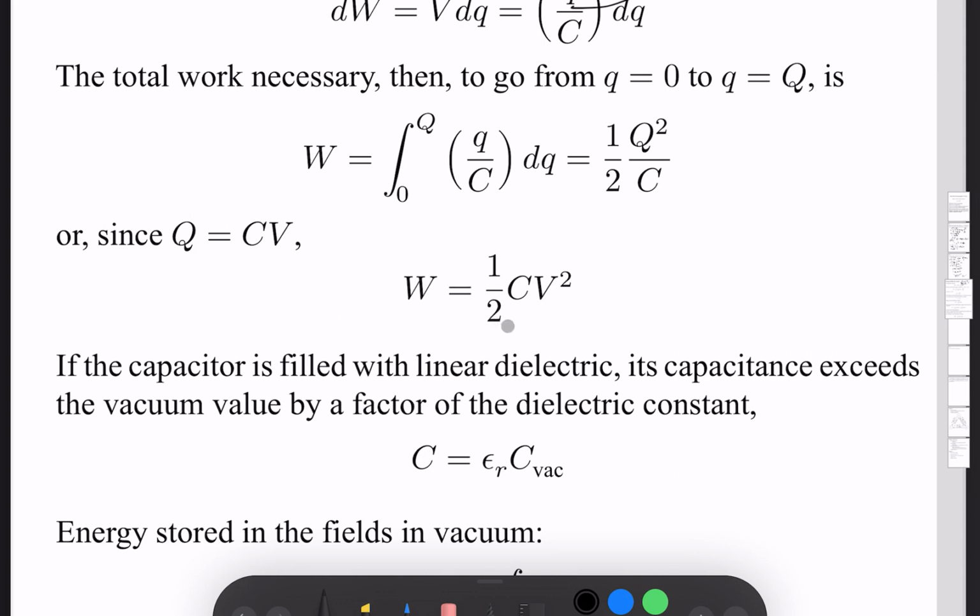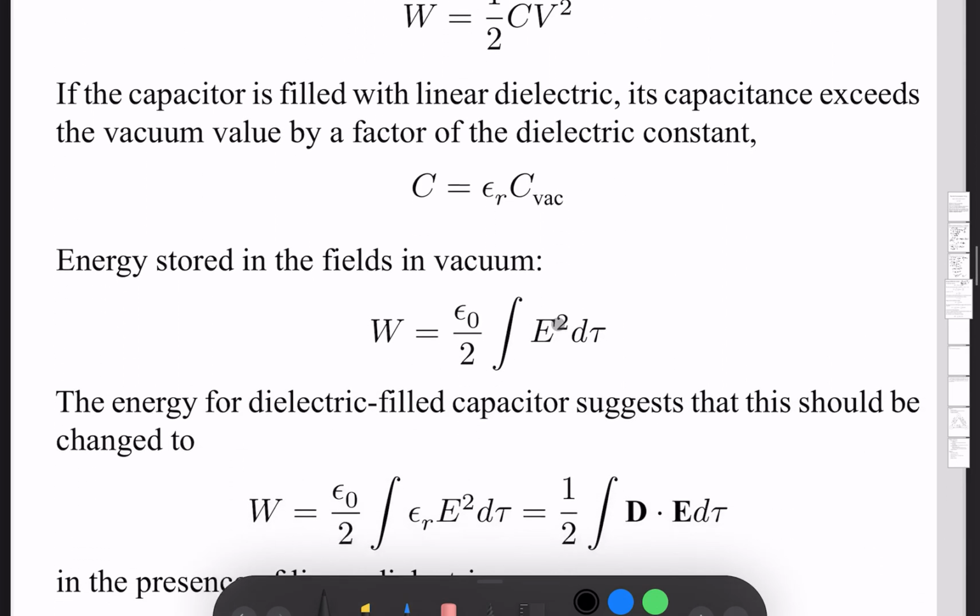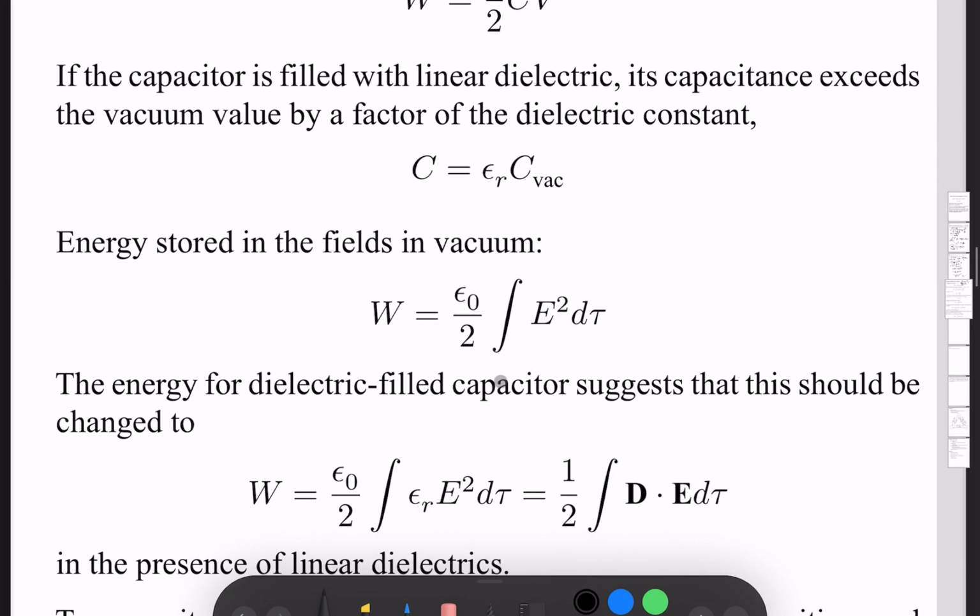Now, if we look at the alternative expression for this energy stored in the vacuum, it seems logical to simply multiply this expression by epsilon r. That will be the energy stored in the capacitor field with the dielectric materials.